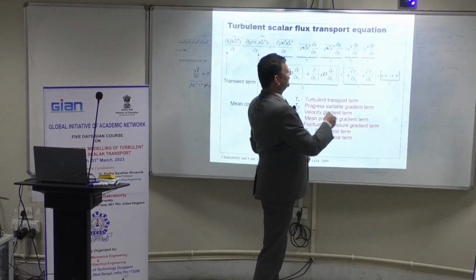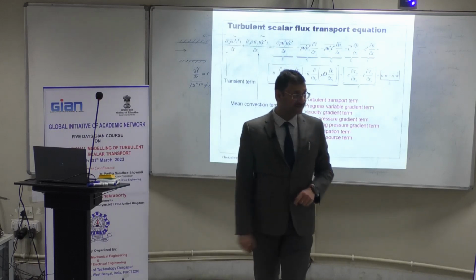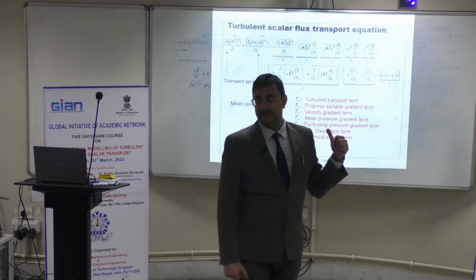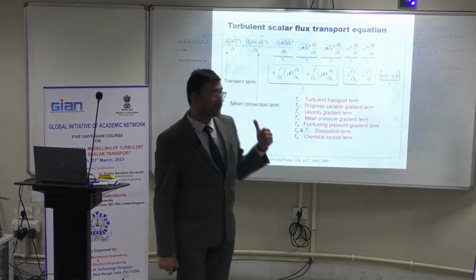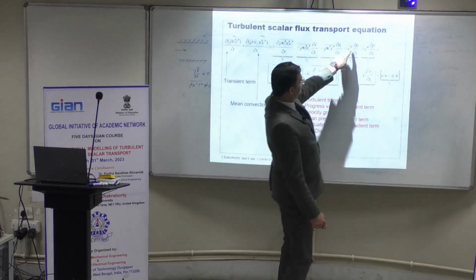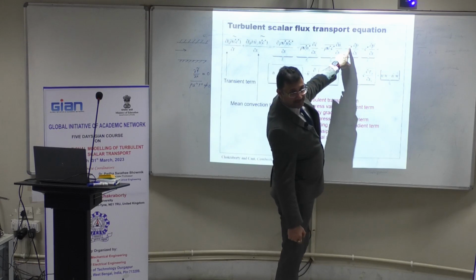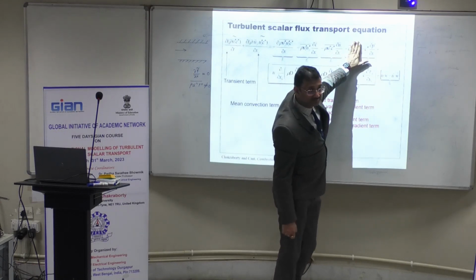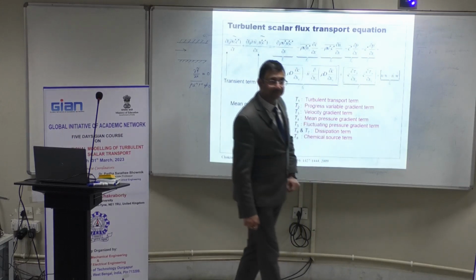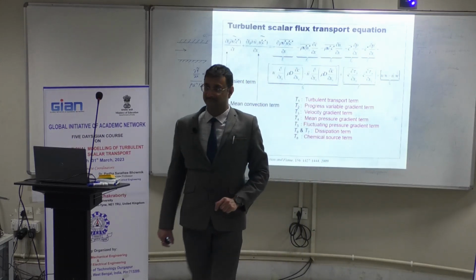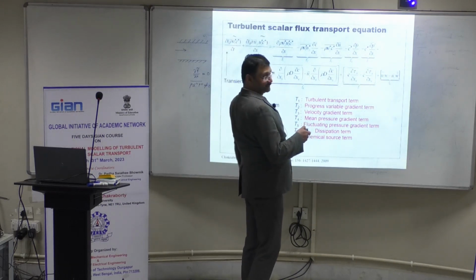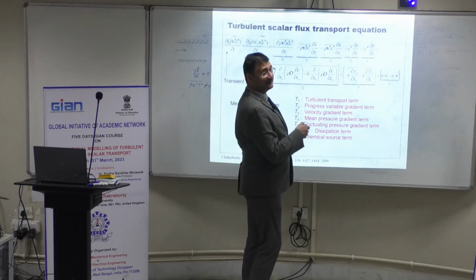This is the effect of mean pressure gradient. You can appreciate that if I write this equation for non-reacting flow, incompressible fluid, C double prime will be replaced by C prime, and C prime bar is equal to 0. This term will go away completely. Clear? This is the fluctuating pressure contribution. These two are again transport terms.